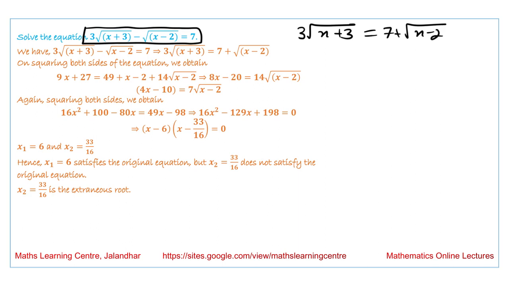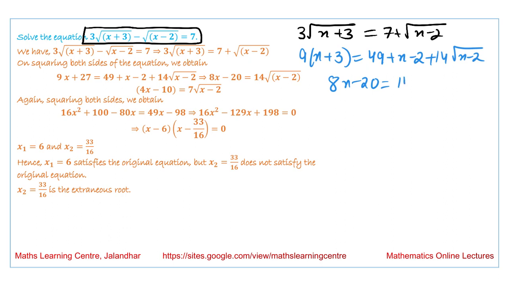Now on squaring both sides of this equation, we will obtain 9 into (x plus 3) is equal to 49 plus x minus 2 plus 14 times square root of x minus 2. On solving this, we obtain 8x minus 20 is equal to 14 times square root of x minus 2. So this gives us 4x minus 10 is equal to 7 times square root of x minus 2.